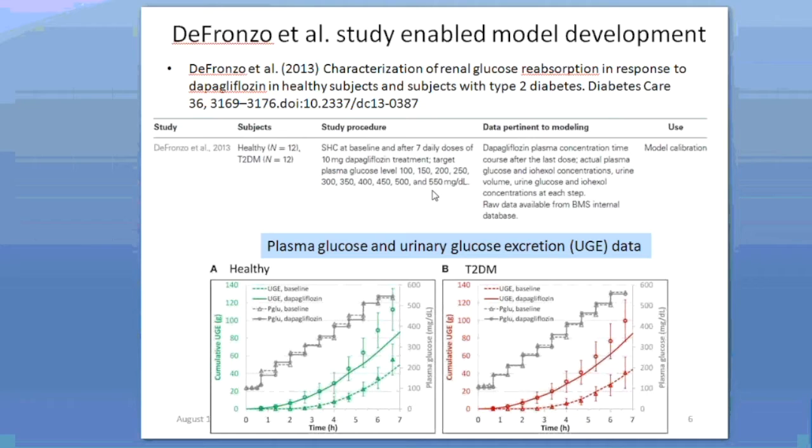The glucose escalation schedule is illustrated in these two figures. The main endpoint measure was urinary glucose excretion, or UG for short. The symbols in these figures indicate cumulative UG over time.